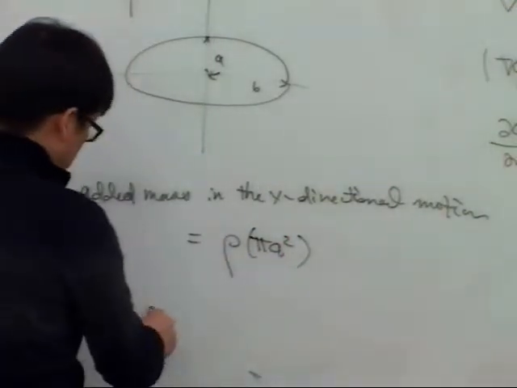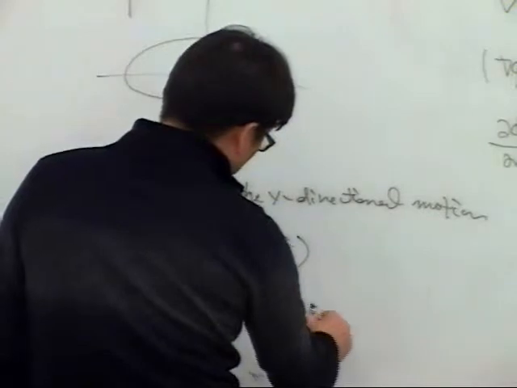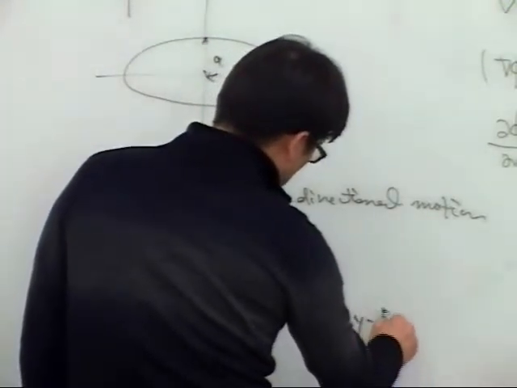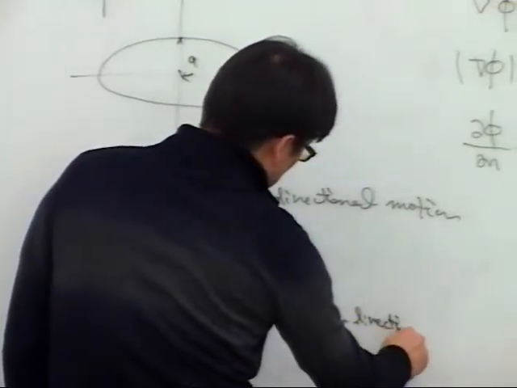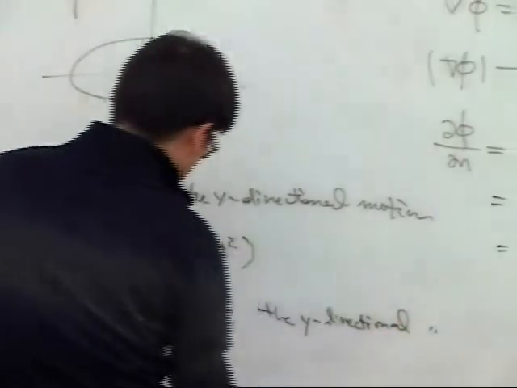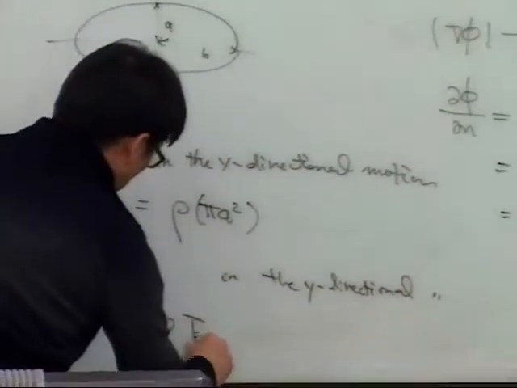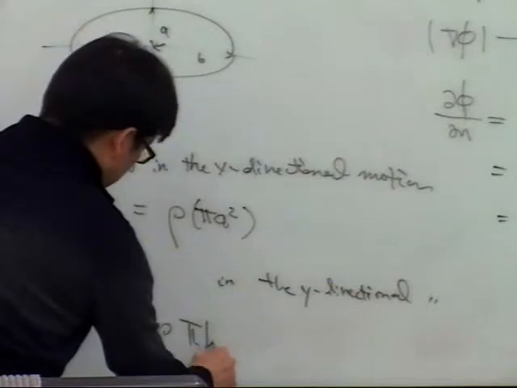On the other hand, the same thing in the y direction is rho pi b squared.